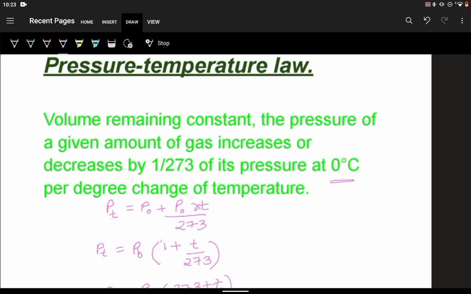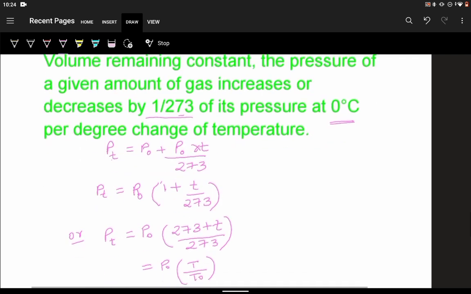Means for every degree change of temperature, the increase or decrease will be 1 by 273 of the pressure which existed at 0 degree C for the gas sample. So here we say that Pt, the pressure at temperature t, will be equal to P naught plus P naught into t by 273. Here again we can rearrange and we find that Pt equal to P naught into (273 plus t) by 273.